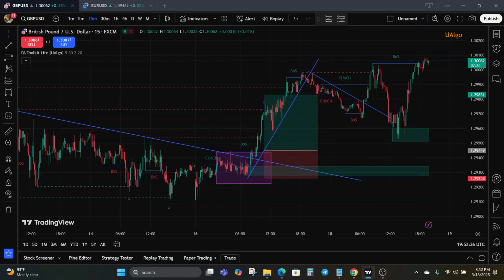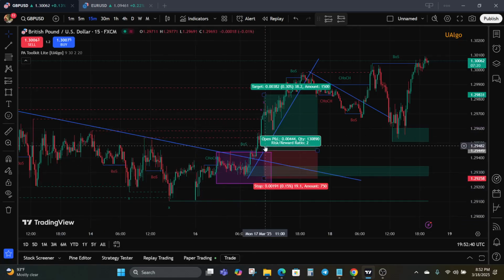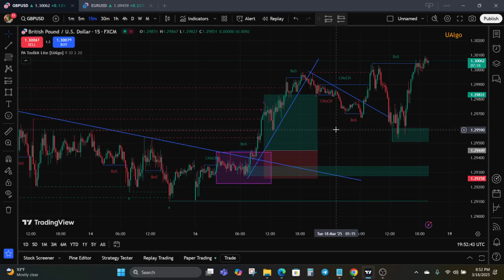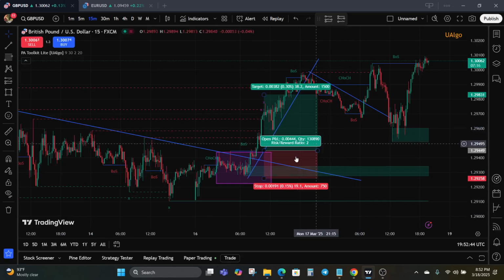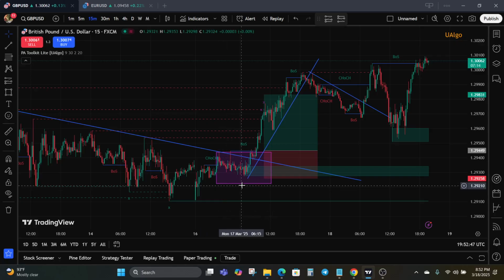So this is a key signal that the market structure might be shifting from bullish to bearish, or vice versa. A change of character above resistance could indicate the start of a bullish move, while a change of character below support might suggest a bearish reversal.